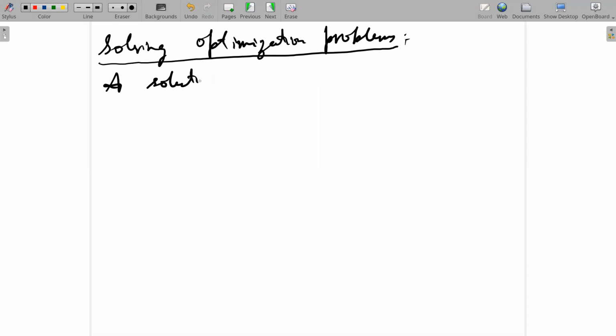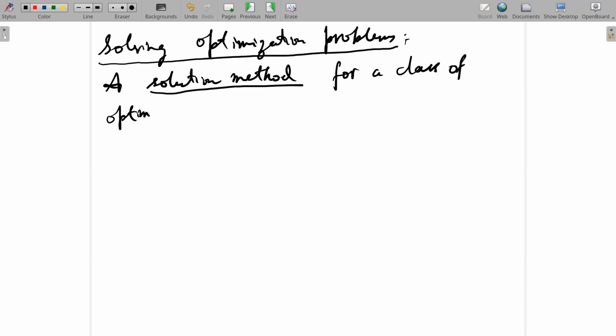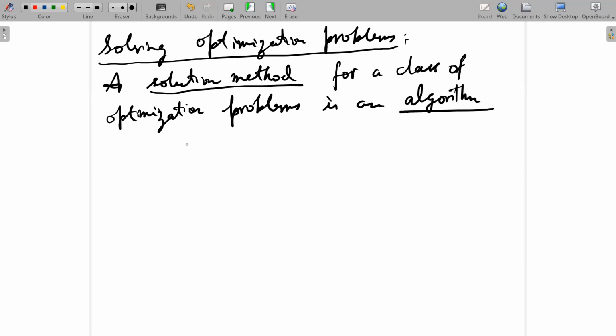Just like we talked about families or classes of optimization problems, and we also mentioned that each class will have its own idiosyncratic solution strategy. So that's what I'm describing here, a solution method for a class of optimization problems. It is an algorithm that computes a solution of the problem.